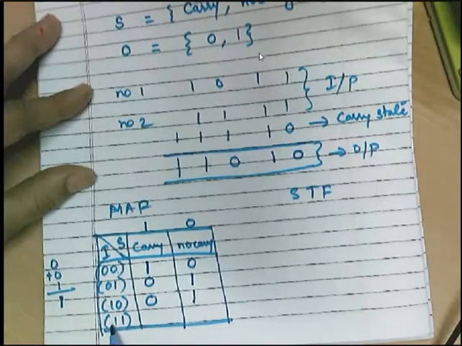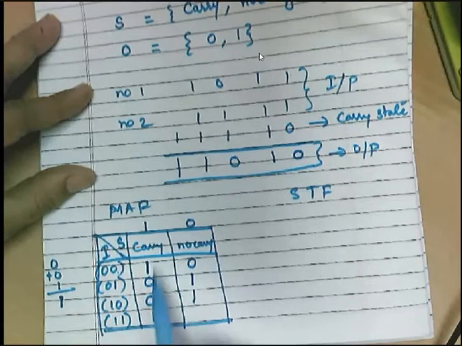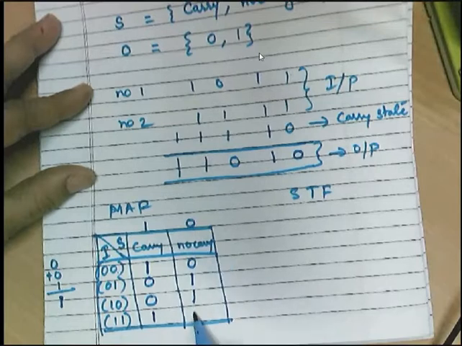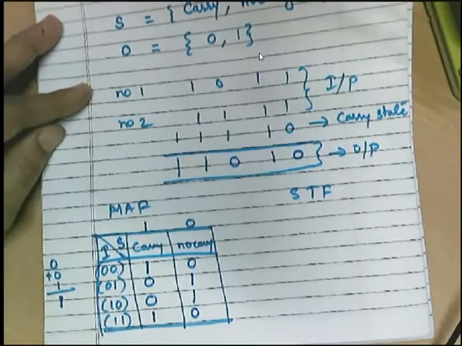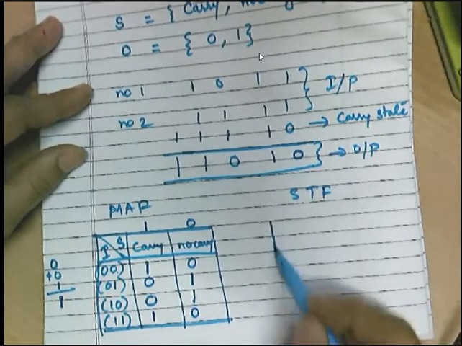Now if it is 1 plus 1 plus 1, my output is 1 and my carry is also 1. So here if 1 plus 1 plus 0, it is again giving me output as 0.